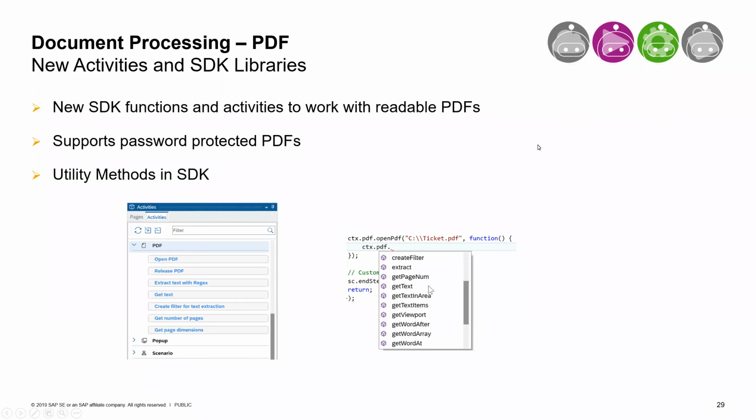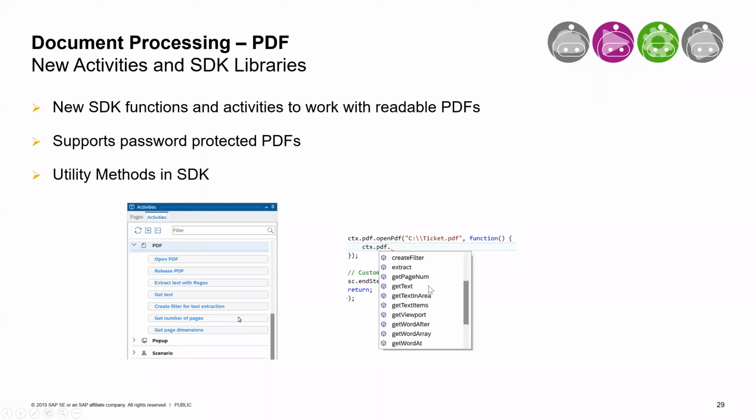This cannot be used if the PDF is of type image, or if it was created from an image. It also supports password protected PDFs. You can give a password, open it up, and work with it. You will see there are already some activities that you can work with.